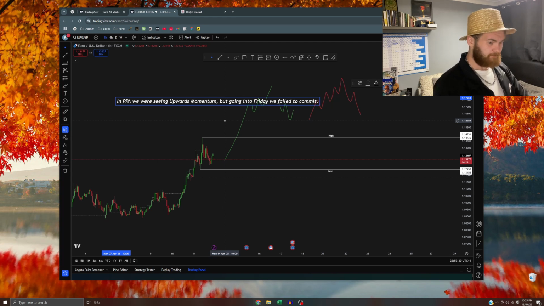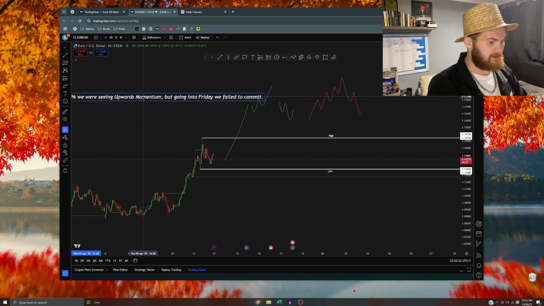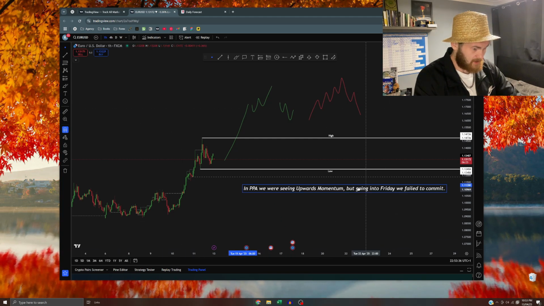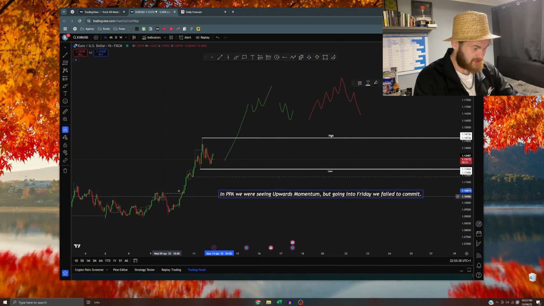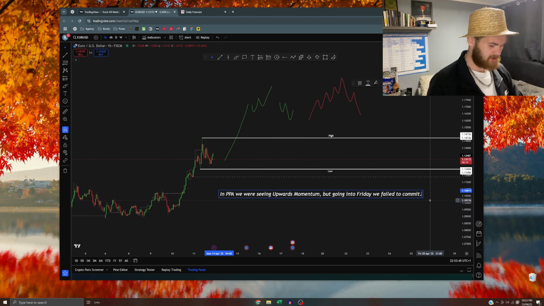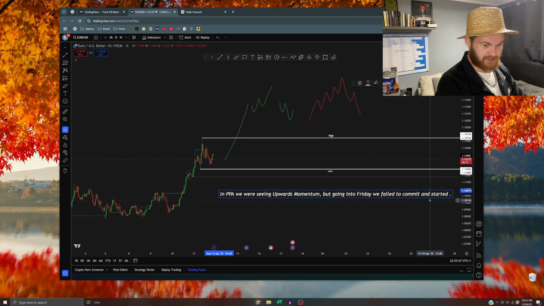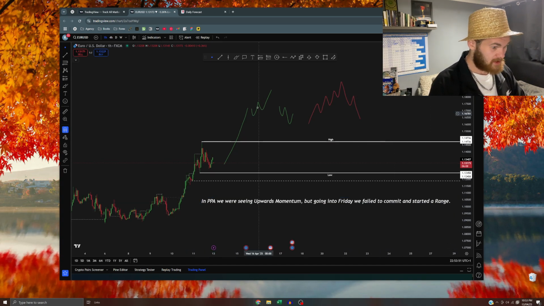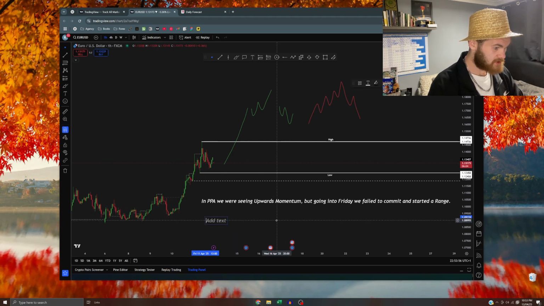I'm just going to leave that at failed to commit. In price action, we were seeing upwards momentum here on Thursday, but going on Friday, we failed to commit, and started to range. Sweet. And then we're just going to go on type below that.